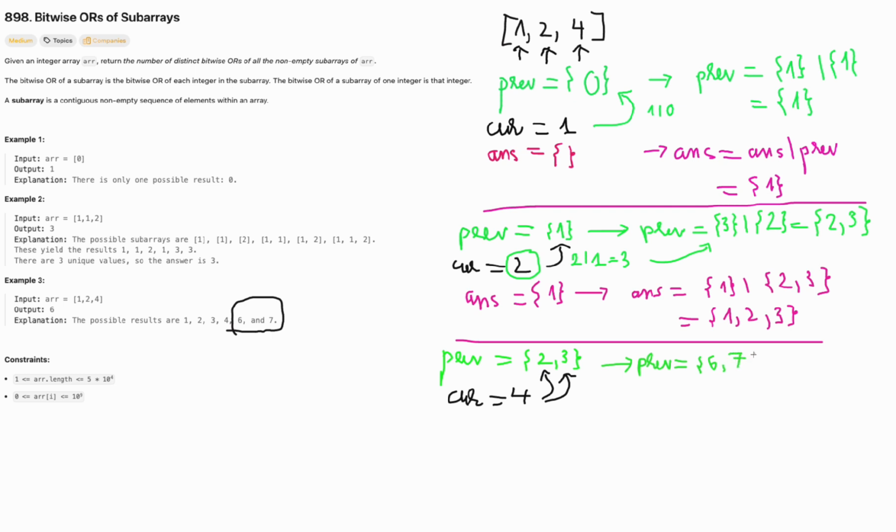So we have the 2 elements in the set, and we need to check with the current value because it can also make a new value by itself. So we have 4, 6 and 7. For now we will update the answer.